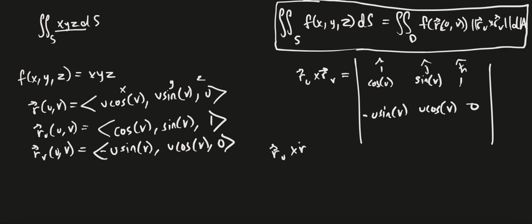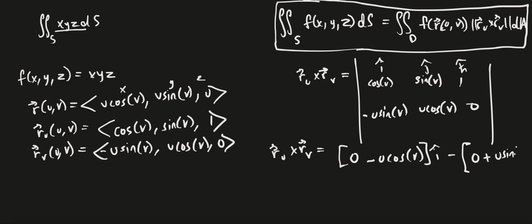So r sub u cross r sub v is 0 minus u cosine v i, minus 0 minus negative, so it's positive, u sine v, j, plus u cosine squared v, and then minus negative, which is positive, u sine squared v.